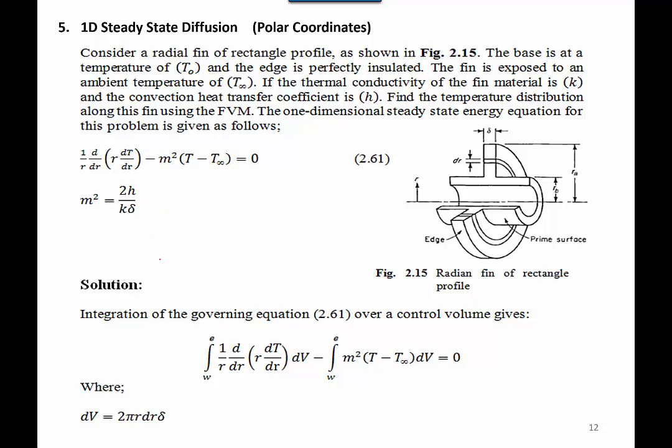To start our solution, we will continue with the same procedure by integrating this differential equation from west to east, multiplied by the volume of the element, which is this slice of elemental area with a thickness of dr. Therefore dV will be equal to 2 pi r, which is the length of the arc, multiplied by the thickness delta.